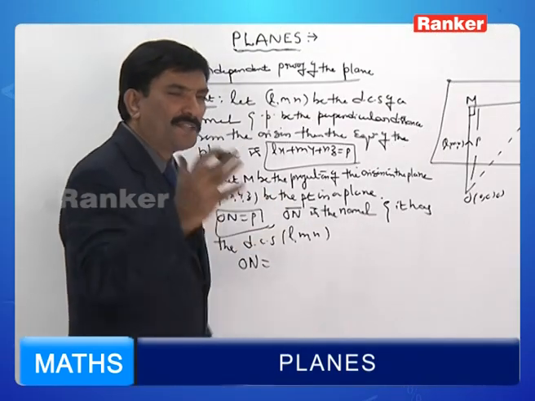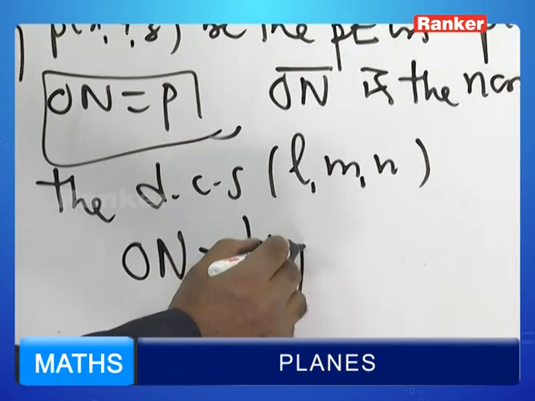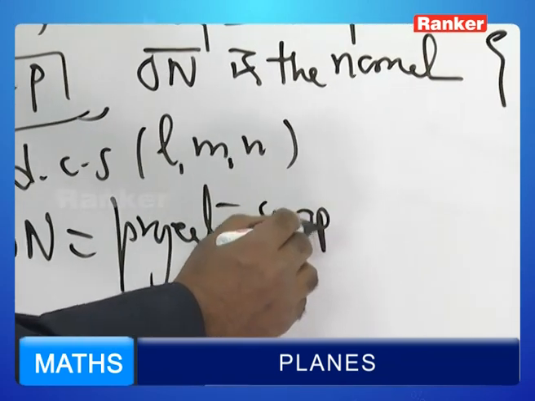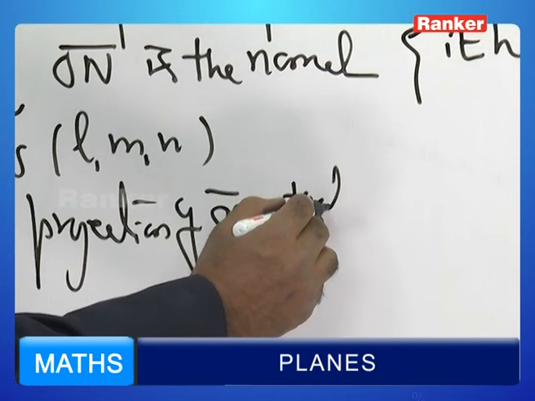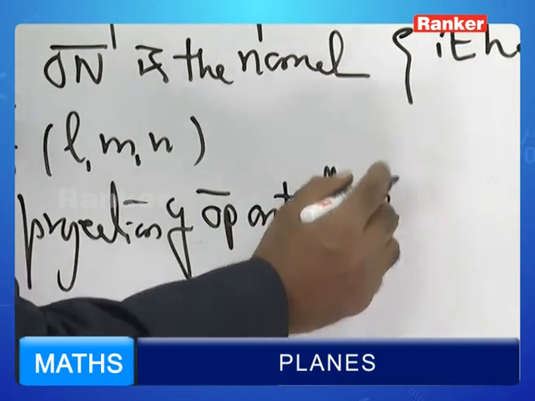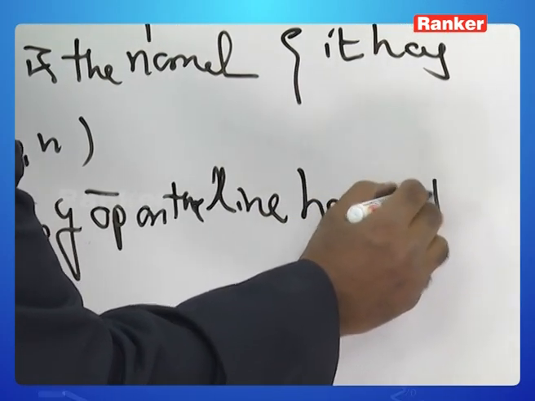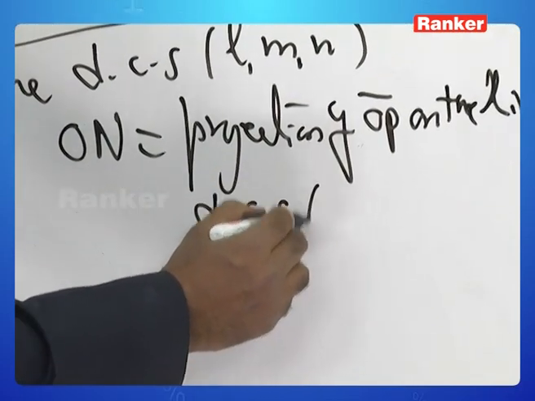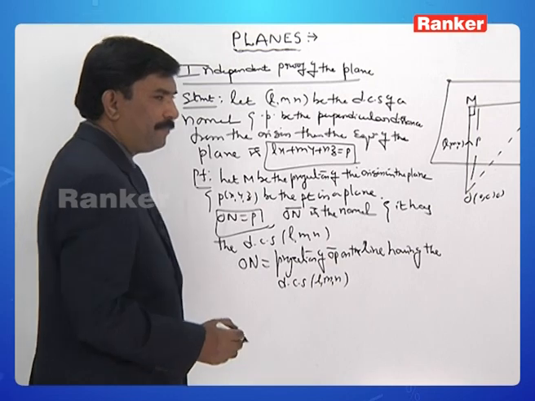A length is nothing but the projection of OP bar on the line having the DCS l, m, n.